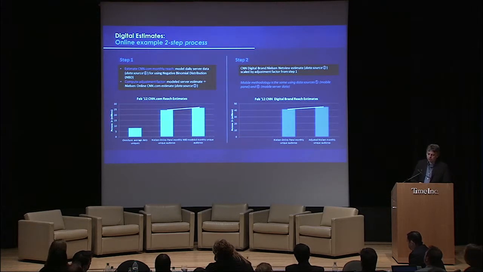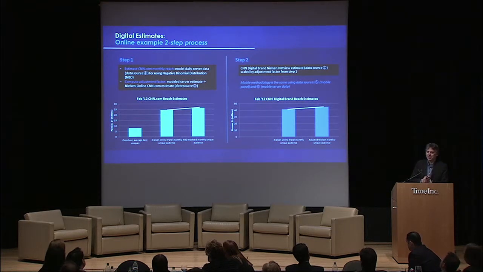Then for digital, we have the server data, and we have the panel data. And the panel data gives us demographics, and it gives us a relationship between reach and frequency. The server data also, to an extent, gives us a relationship between reach and frequency, but always with server data, there's the issue of multiple devices and cookie deletion. So we actually looked at probability modeling in 2 different ways, and that tied in pretty well.